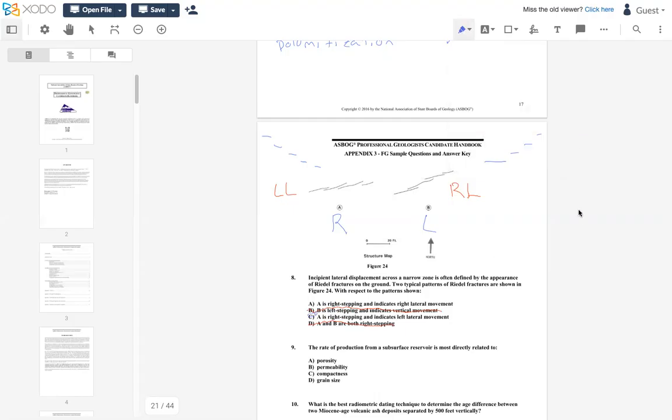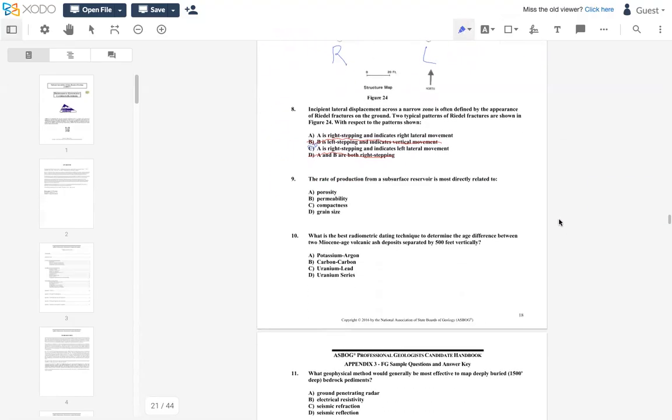Okie dokie. Let's move on to number 9. The rate of production from a subsurface reservoir is most directly related to what? So my first question is, what are we producing? What does produce mean? For me, that means getting something from the reservoir.